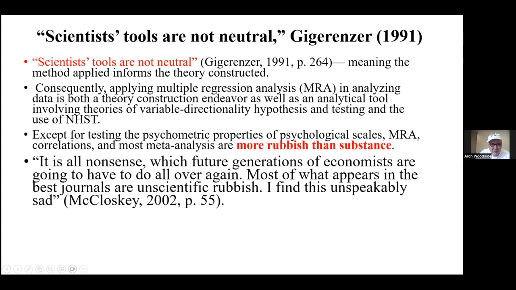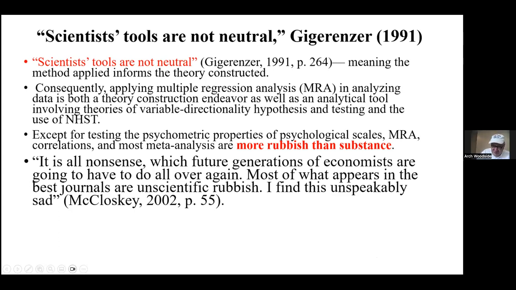Now, here's a quote from McCloskey. It's all nonsense, which future generations of economists, and you can put in psychologists and marketing professors as well, are going to have to do all over again. Most of what appears in the best journals are unscientific rubbish. I find this unspeakably sad. And that's a very powerful statement, don't you think?